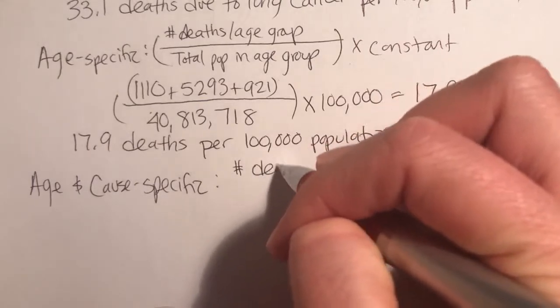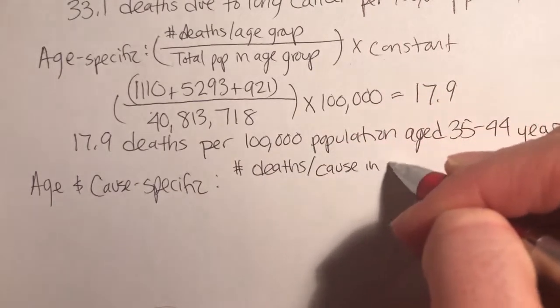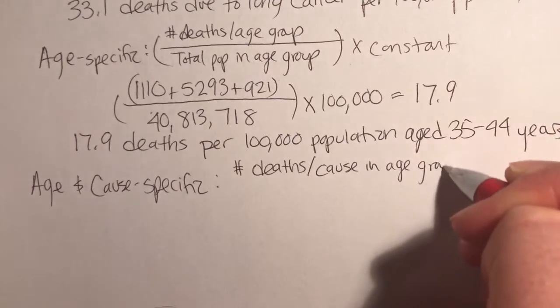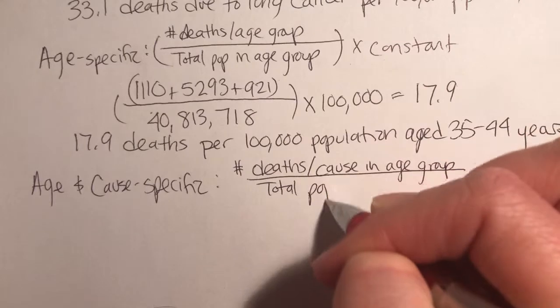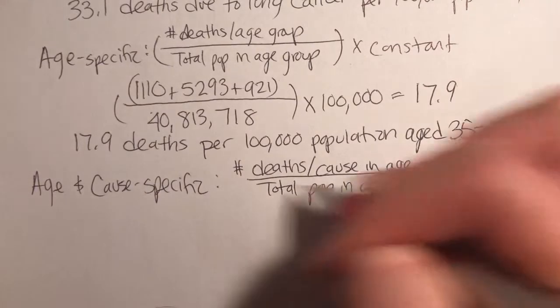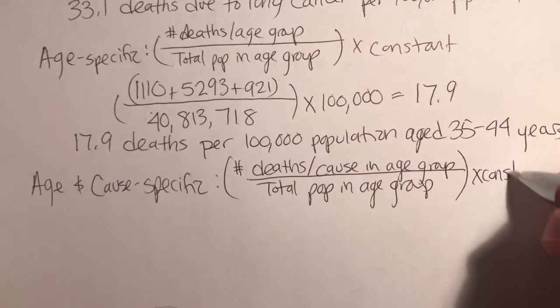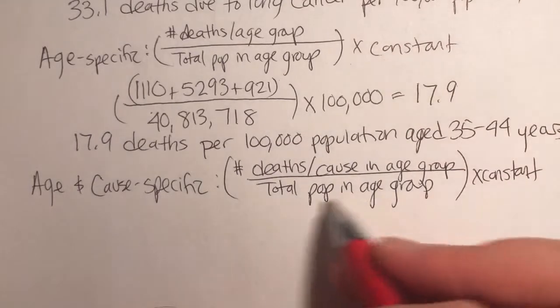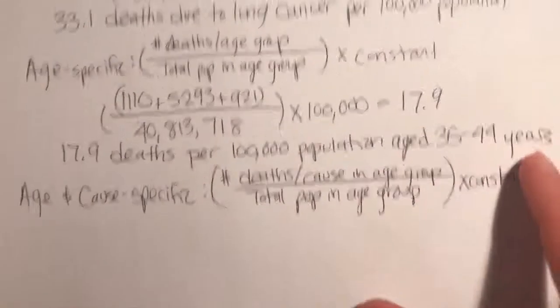We're going to have total number of deaths due to a certain cause in an age group. And we're going to divide it by the total population just in that age group again. So anytime we have an age-specific calculation, whether it's independent or combined with a cause, our denominator becomes the total population just in that age group alone.